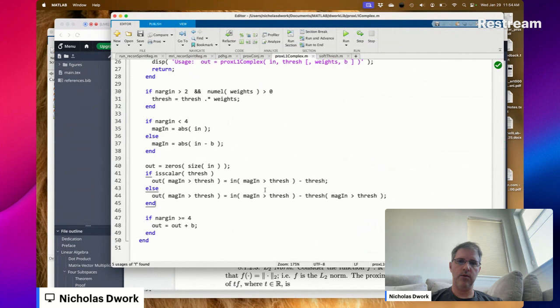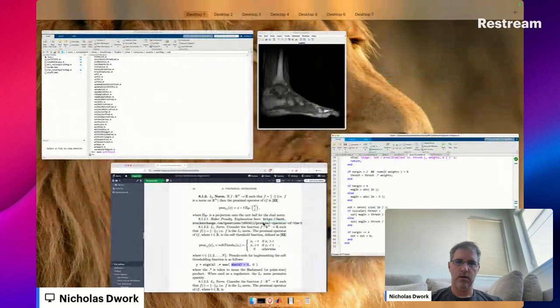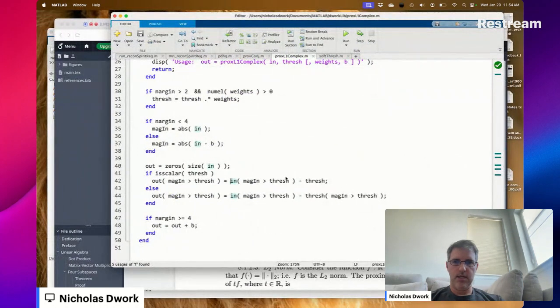No, no, no. This is only true if n is positive, which is why it's sign in mag in.